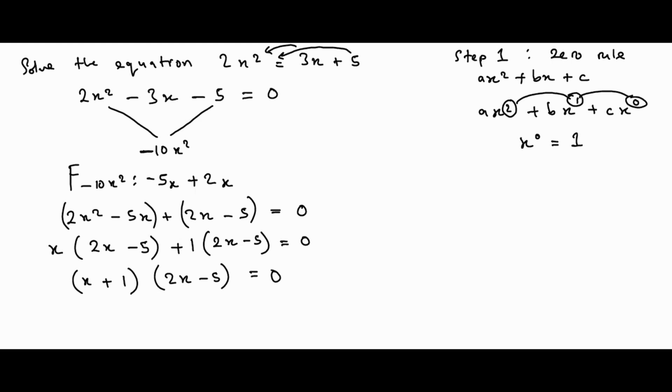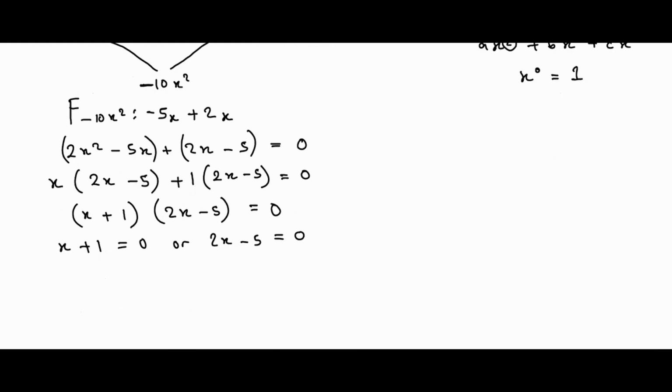Then what do we have to do? We then just have to apply the case of 0 as a product. That means x plus 1 is equal to 0 or 2x minus 5 is equal to 0. Then we know from the first that x is minus 1.